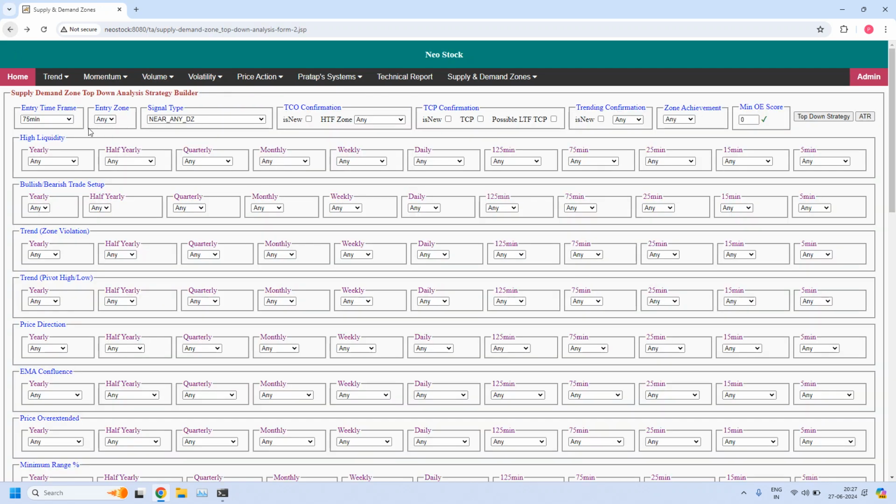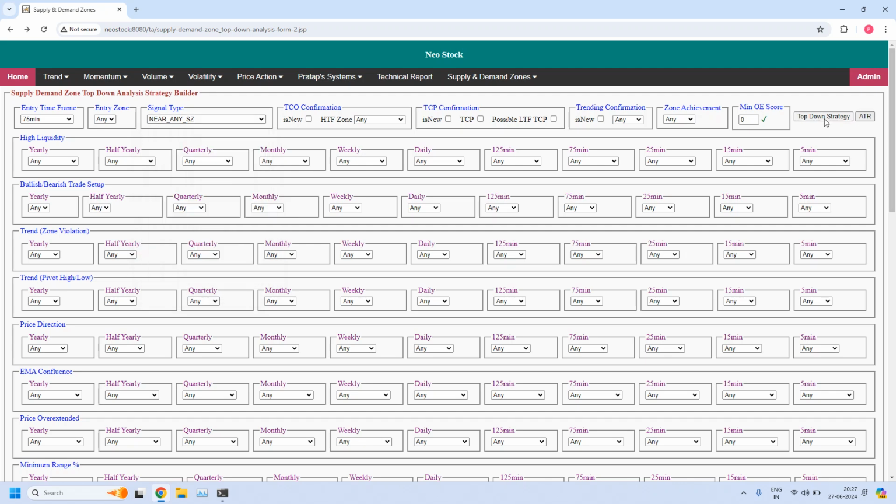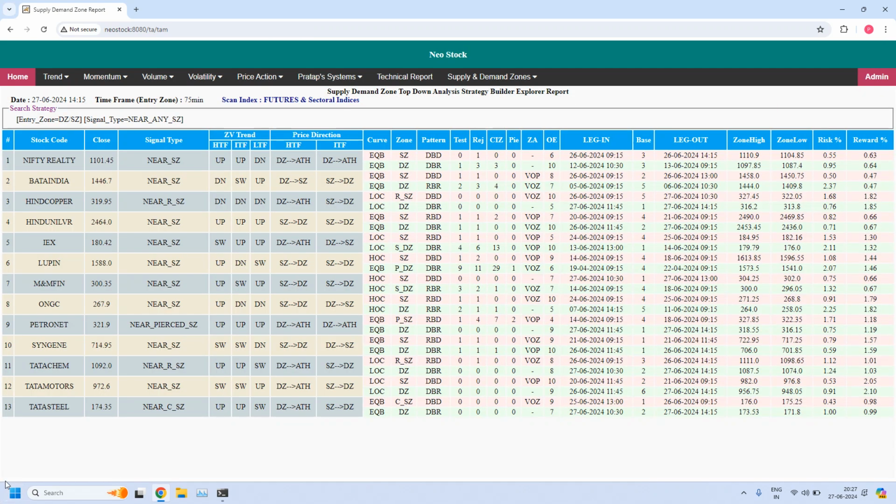So I'm going back. For 75 minutes time frame, let us find the stocks near 75 minutes supply zone. 13 stocks are filtered. Let us identify high liquidity supply zones from this list. Hindustan Copper having a high liquidity supply zone.